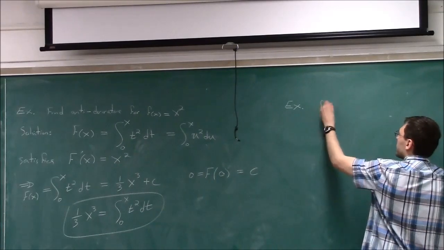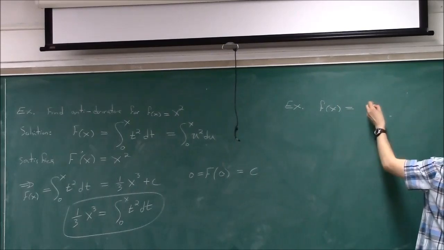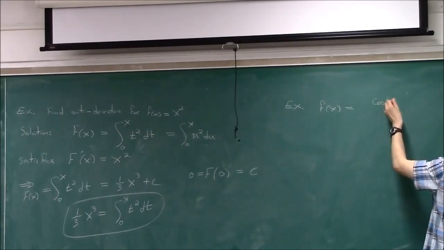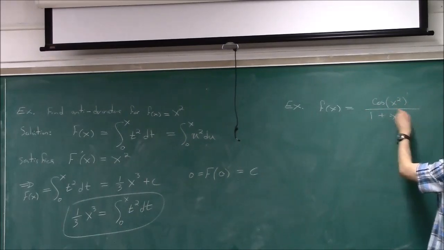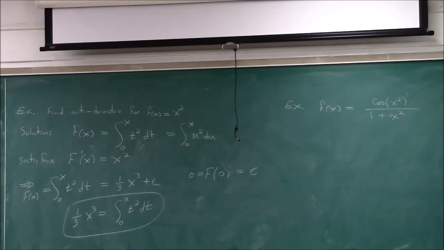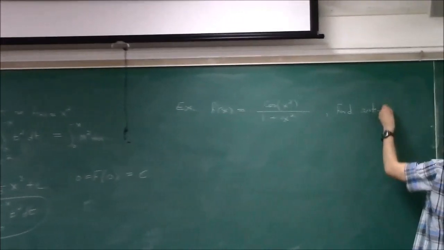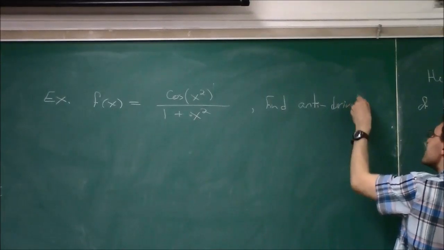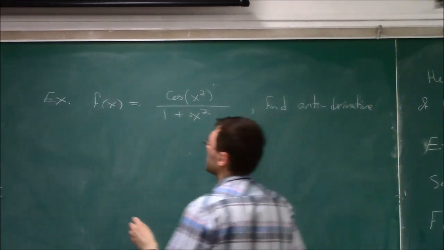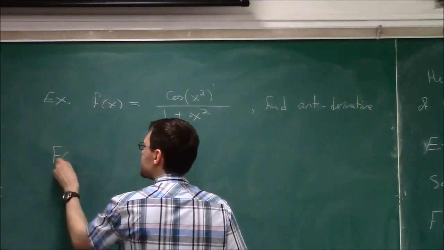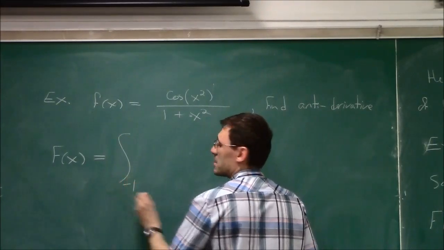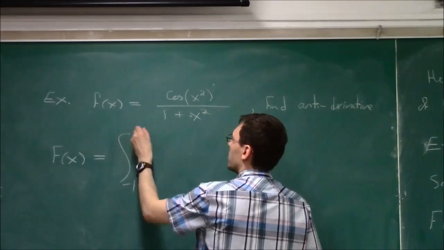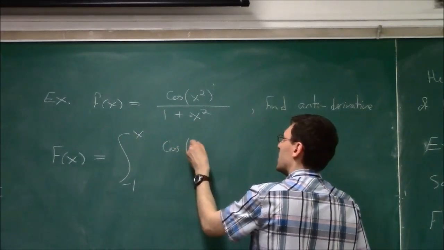If I have the function f of x equal to, say, cosine of x squared divided by 1 plus x squared, and you want to find an antiderivative for this function, you can just say F of x equal to the integral from any number, let's say pick here -1, it doesn't matter what this number is, all the way to x of cosine of u squared over 1 plus u squared du.